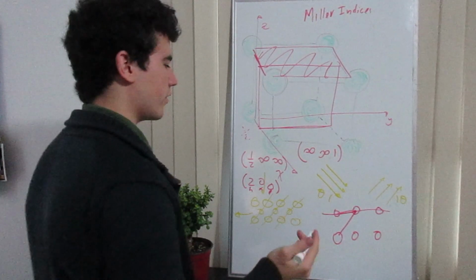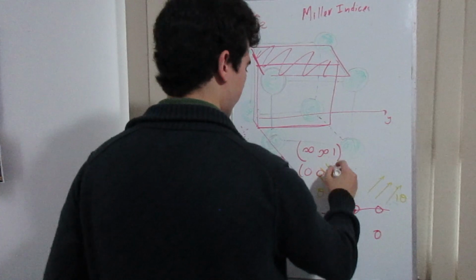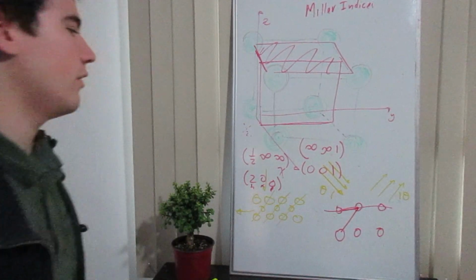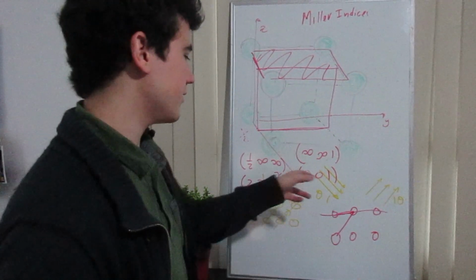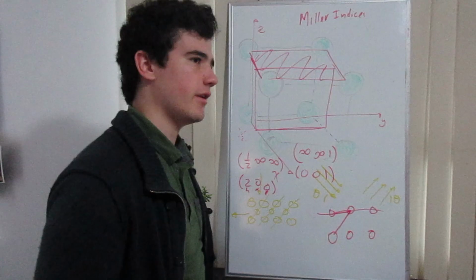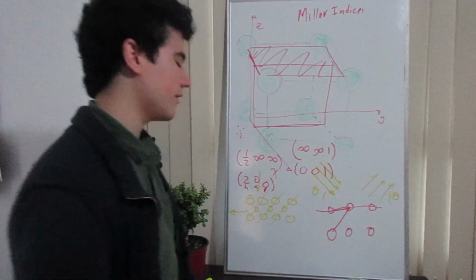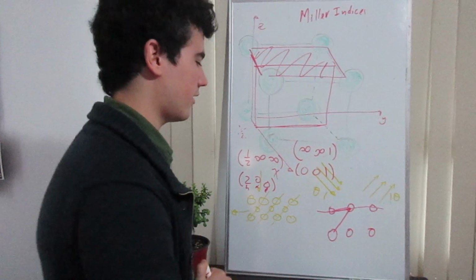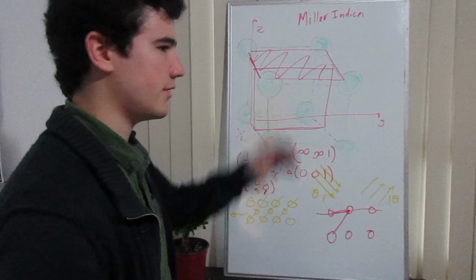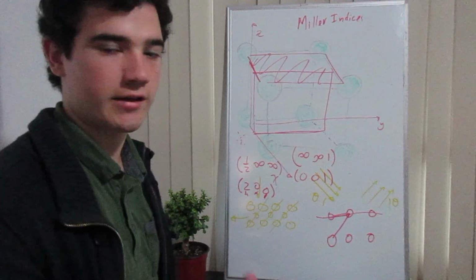So we take the reciprocal and we get 0, 0, and 1. This is on the simple cubic unit cell. This has the highest density, and it agrees with our results, stating that this plane has the highest density, so it has the highest intensity of photons reflected.